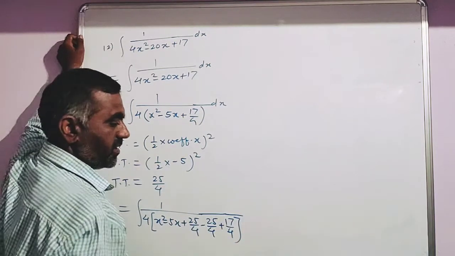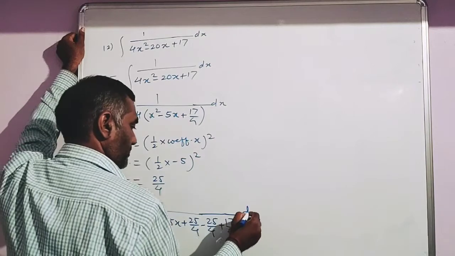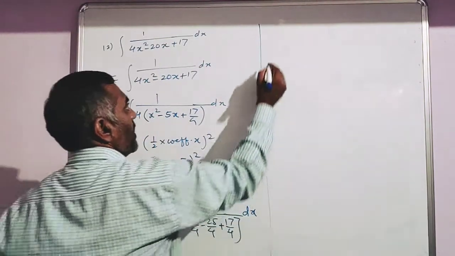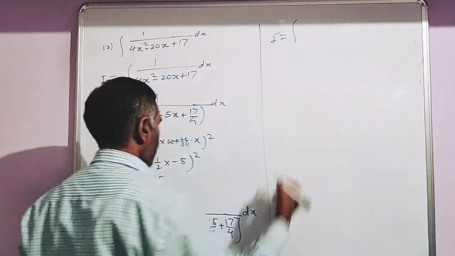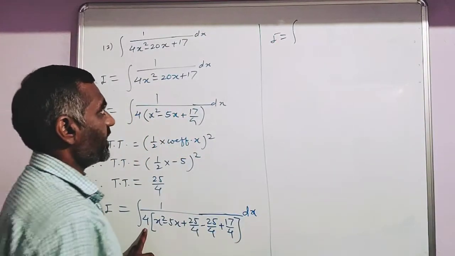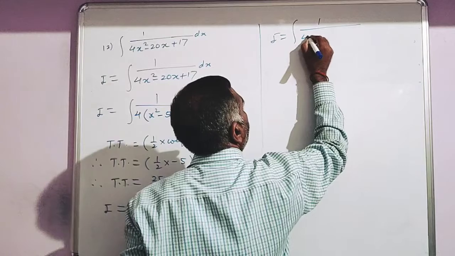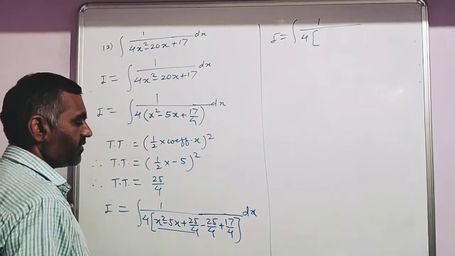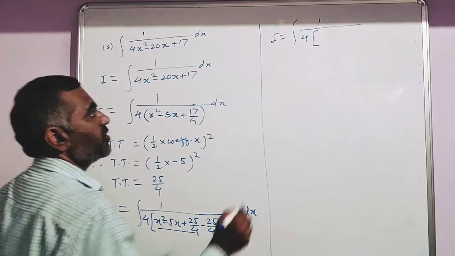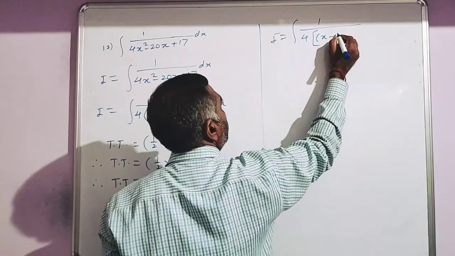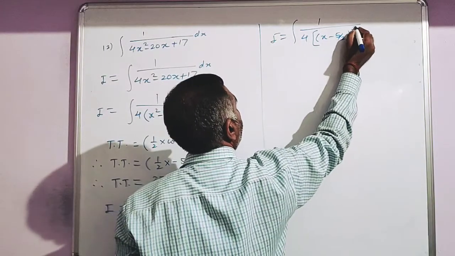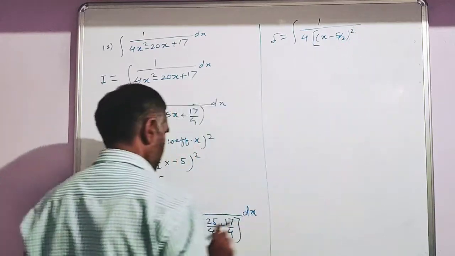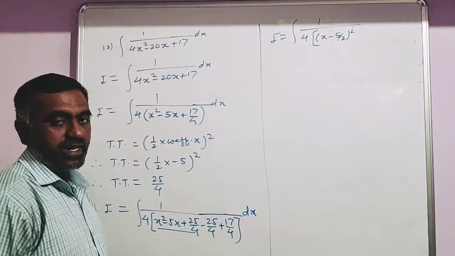Clear? Now dx, which is equal to: I is equal to the integration of 1/4 in bracket (x² - 5x + 25/4), which is nothing but (x - 5/2) whole bracket square, minus 25 plus 17.